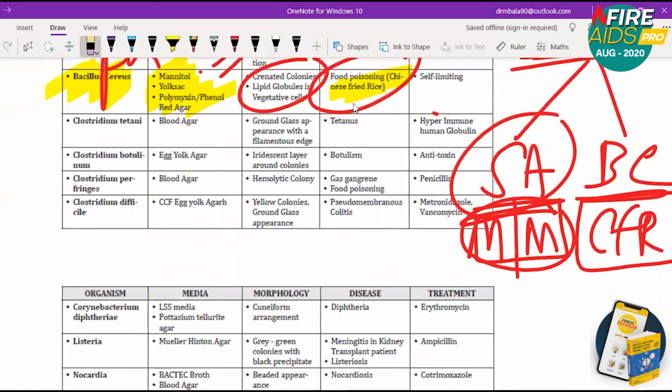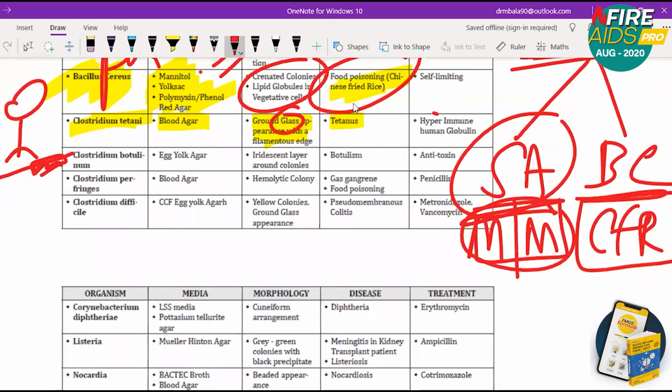Going further, the next is Clostridium tetani, which causes tetanus. Blood agar is used for it. Imagine you are playing cricket in the ground, you step on a broken glass piece and get injured.